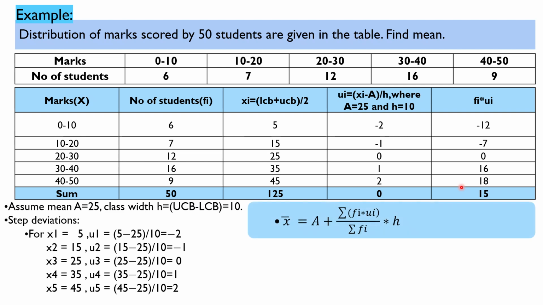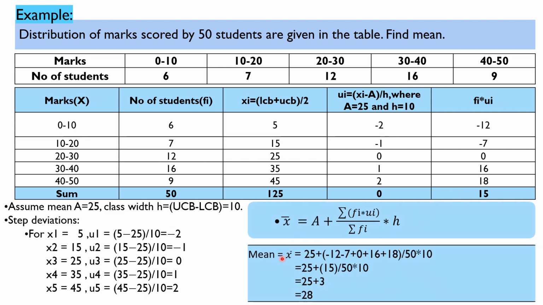Now with the help of the formula which is discussed, we can obtain the mean as capital A assumed mean 25 plus the summation fi into ui upon fi, which is coming 15 upon 50, into 10. Finally, we are getting answer 28, which is the mean of the data set, and it is same as we have obtained in direct method.